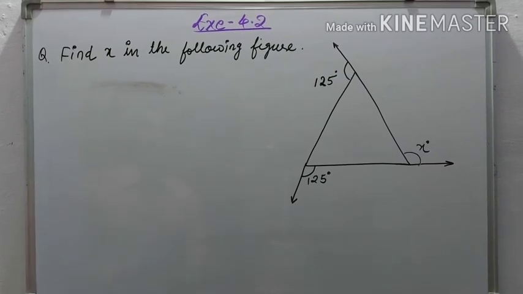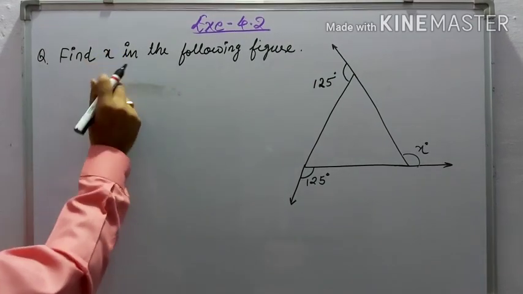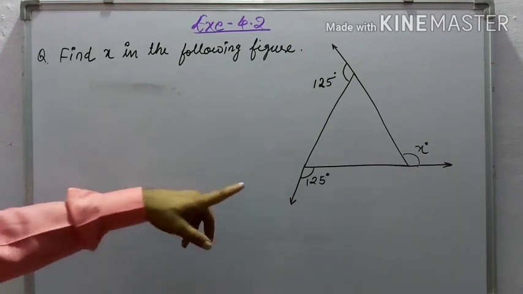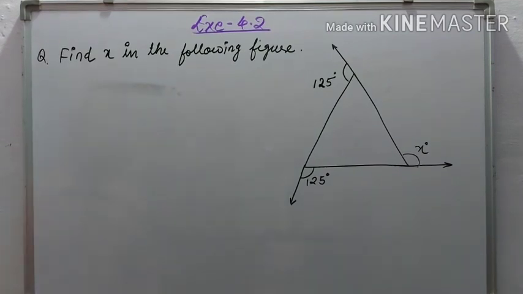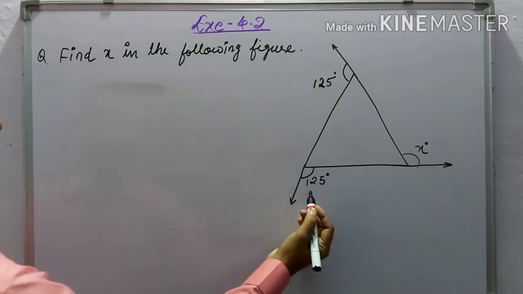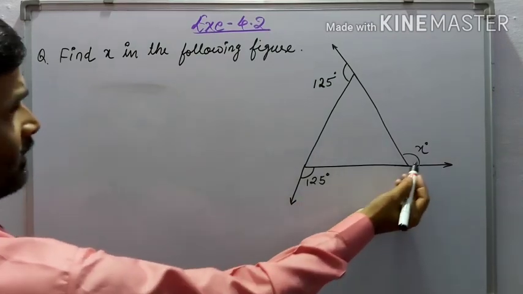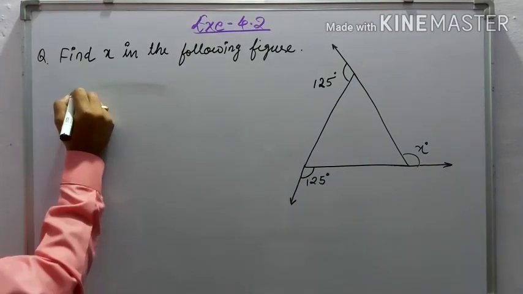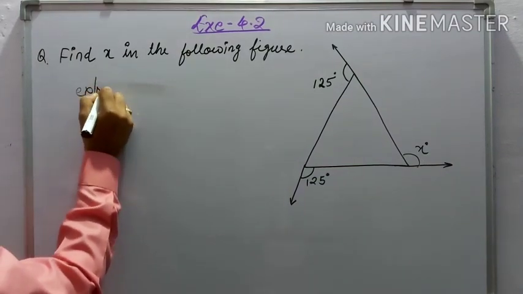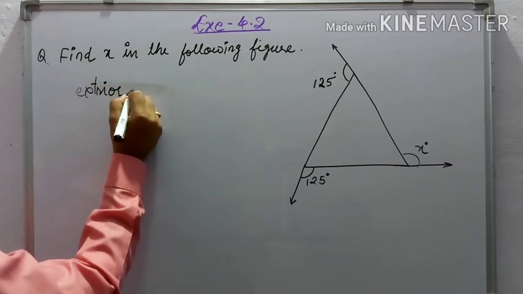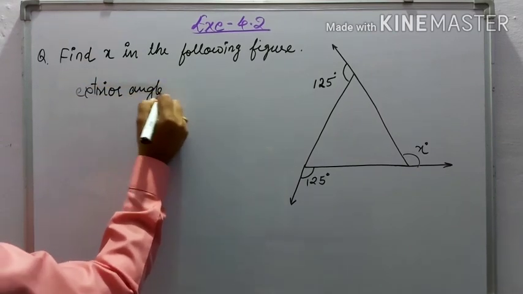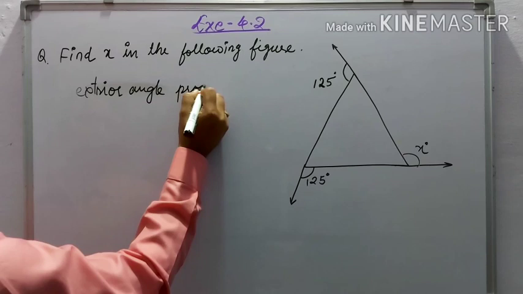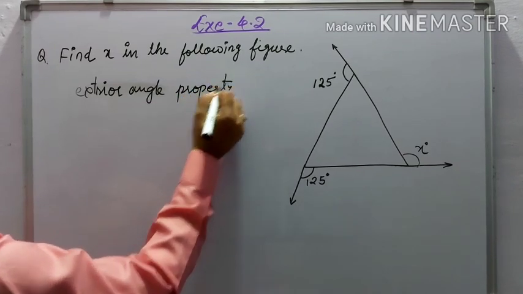Find the value of x in the given figure. The given figure is a triangle with three exterior angles: 125, x and 125. Here we use the exterior angle property.